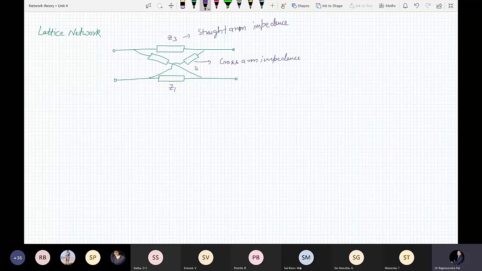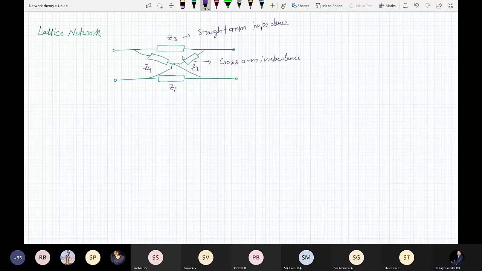This is Z2. Names you can change. It is not a strict rule. Whatever name you want, you can give. But this is a straight line, so it is straight arm impedance. This and this, Z1 and Z3. These are cross arms, so these are cross arm impedance.